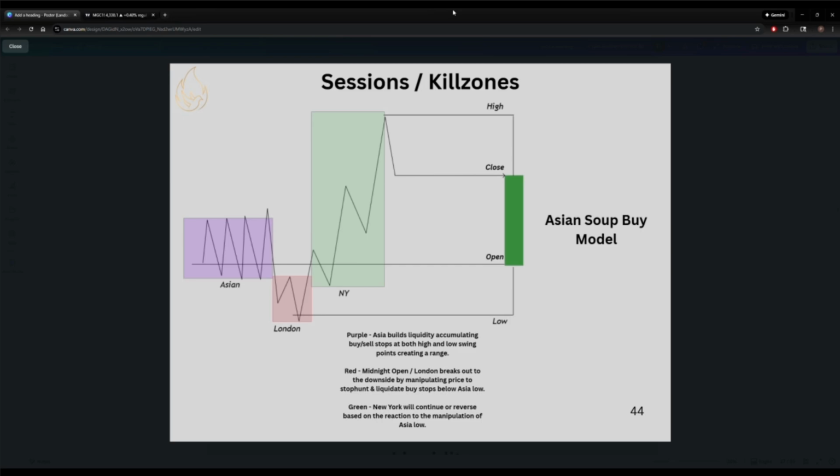You're going to look at the higher time frame candle and say, okay, we have to create the body now, so we have to expand up. That gives you confidence for the continuation in New York, an extra confirmation.